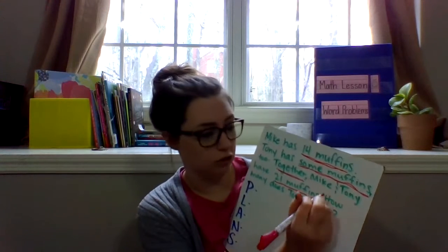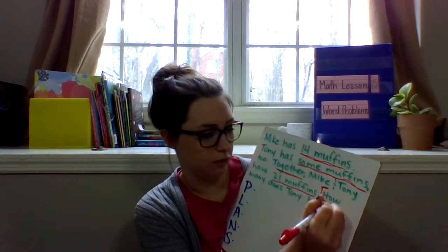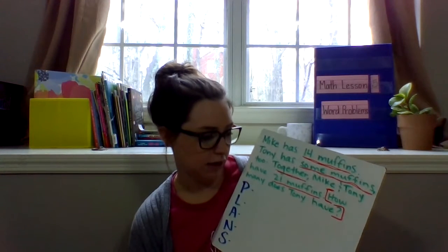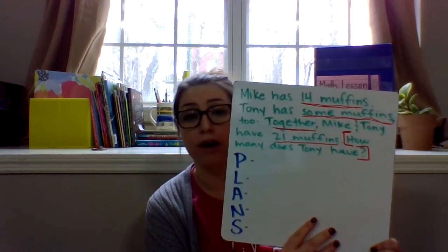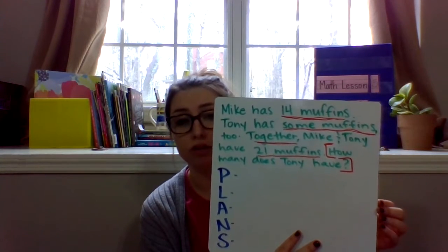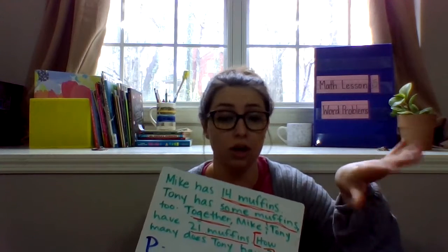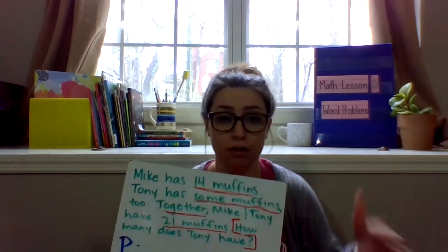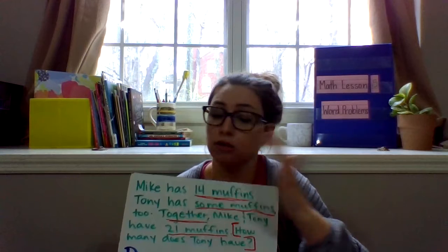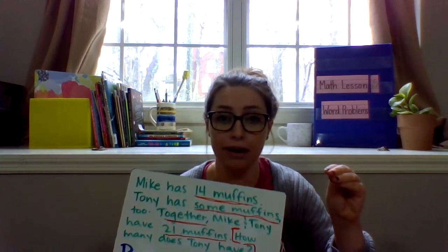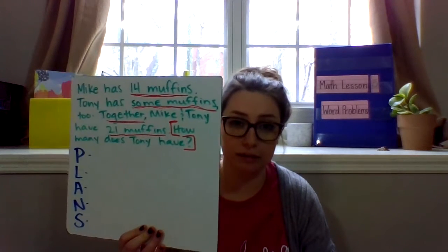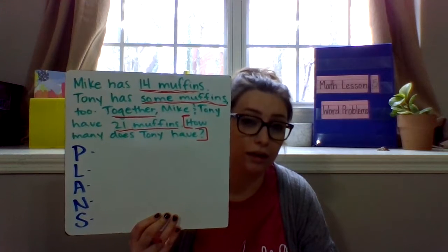So the question right here, we need to think about the question. How many does Tony have? That's the final question. And when we're doing our answer over there for A, that's the question that it wants us to answer. Don't get caught up. Don't think about other things that you know about this story problem. Those are great facts. But the question here is, how many does Tony have?